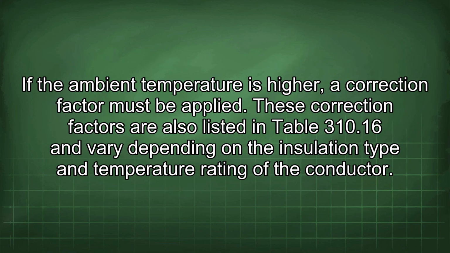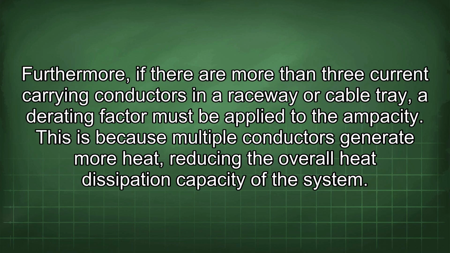If the ambient temperature is higher, a correction factor must be applied. These correction factors are also listed in Table 310.16 and vary depending on the insulation type and temperature rating of the conductor. Furthermore, if there are more than 3 current-carrying conductors in a raceway or cable tray, a derating factor must be applied to the ampacity.